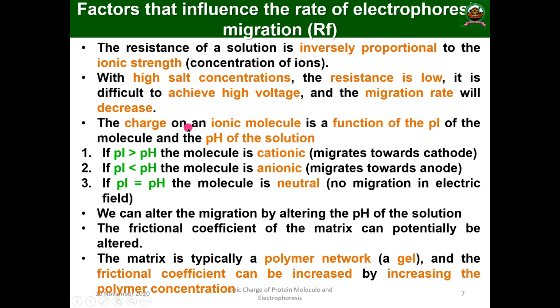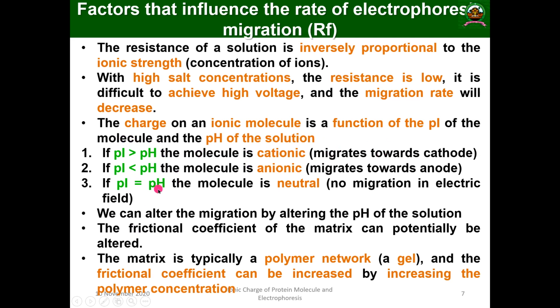Okay, the charge on an ionic molecule is a function of the isoelectric point of the molecule and the pH of the solution. I told you the principle is based on the charge and molecular mass, so it is a function of pI, the isoelectric point, and the pH, the hydrogen ion concentration. If pI is greater than pH, then the molecule is cationic, which migrates towards the cathode.